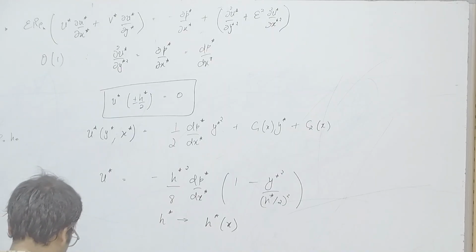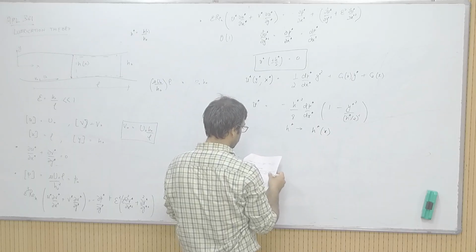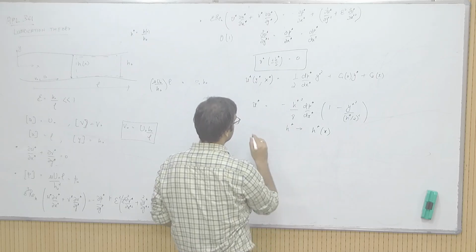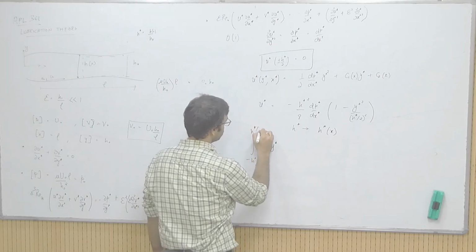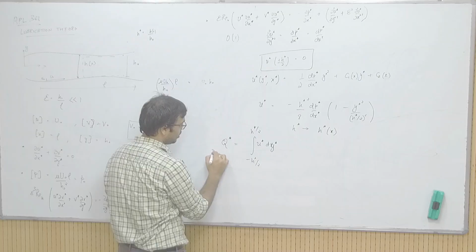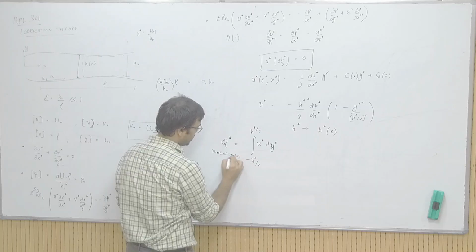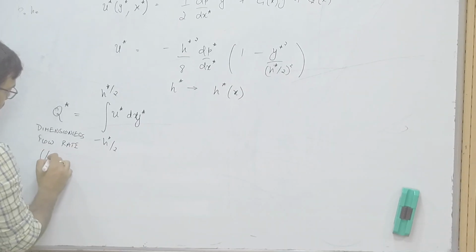Okay. And now when you substitute this in your continuity equation, actually you do not even need to do that for now. You can just say, okay, if I am calculating this integral from minus h star by 2 to h star by 2, this is your dimensionless flow rate, let us say q star per unit depth.